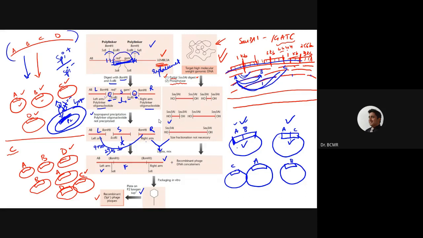So if there is any case of stuffer region getting incorporated, those will get eliminated during selection on P2 lysogen. And if there are any that do not get the fragment, those are eliminated during in vitro packaging. So that is how we will ensure that we will actually get a large number of plaques.